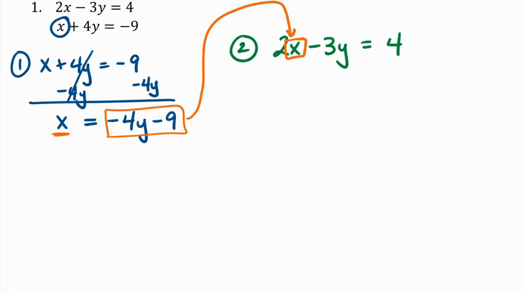Instead of that x, I'm going to put a set of parentheses and plug all of this in. It's just like having a number, just an expression instead of a number. So I'd get 2, but instead of x, I put in negative 4y minus 9. Then everything else stays the same: minus 3y equals 4.